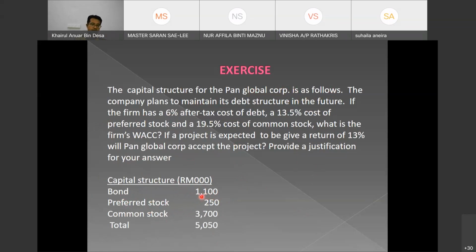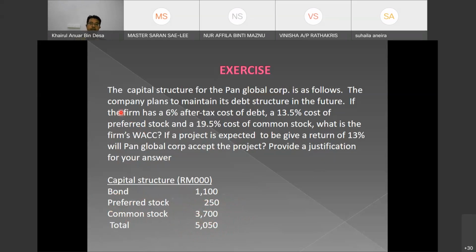Preferred stock is 250. Common stock 3,700. Okay, the total capital here is 5,050. Again, bond is 1,100, preferred stock is 250, common stock is 3,700.